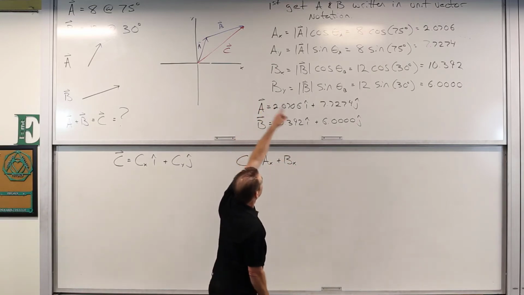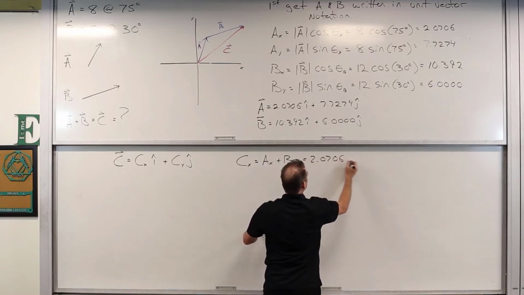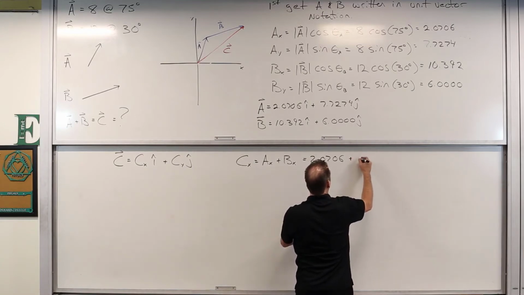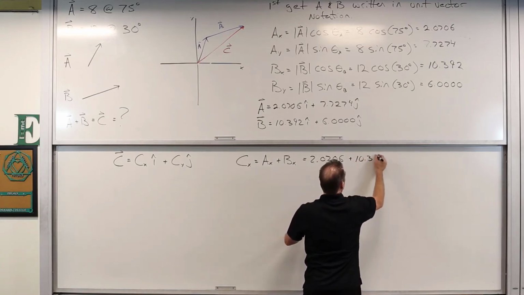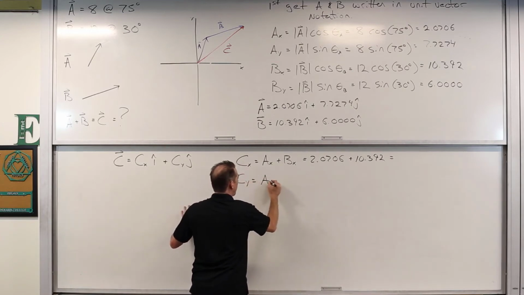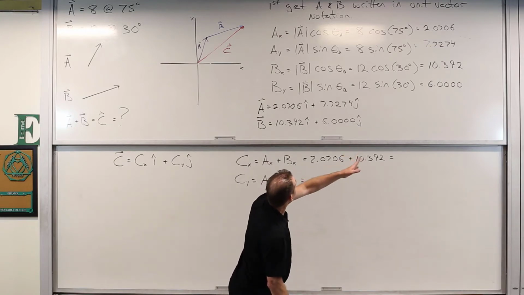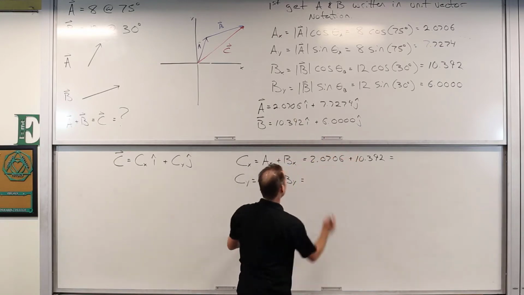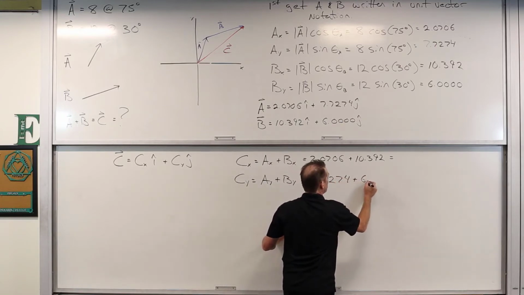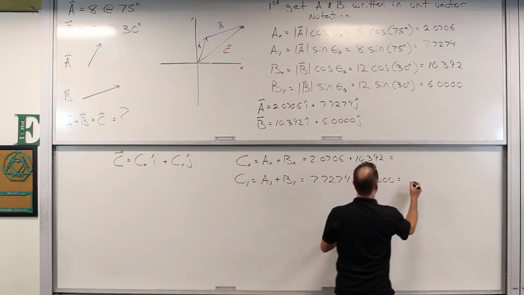A sub x is 2.0706. B sub x is 10.392. C sub y is A sub y plus B sub y, where A sub y is 7.7274 plus 6.0000, which is just going to be 13.7274.